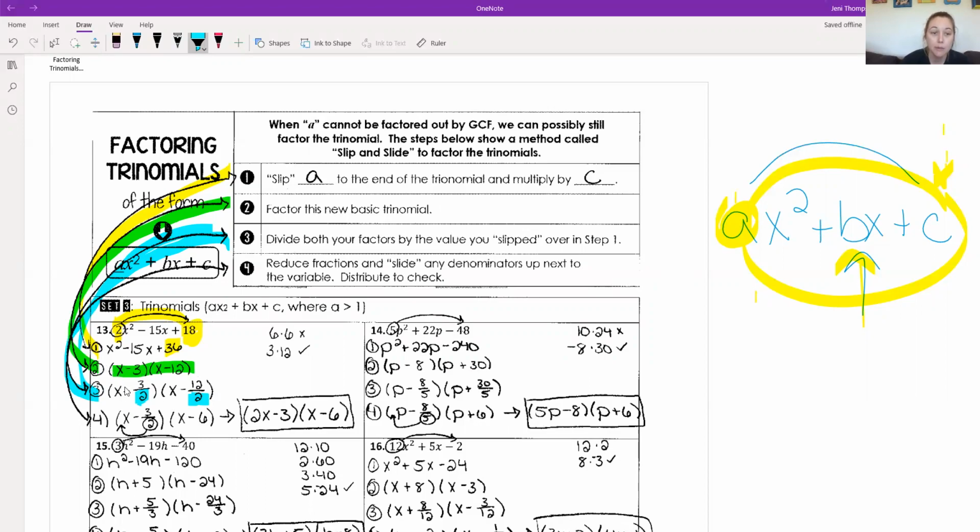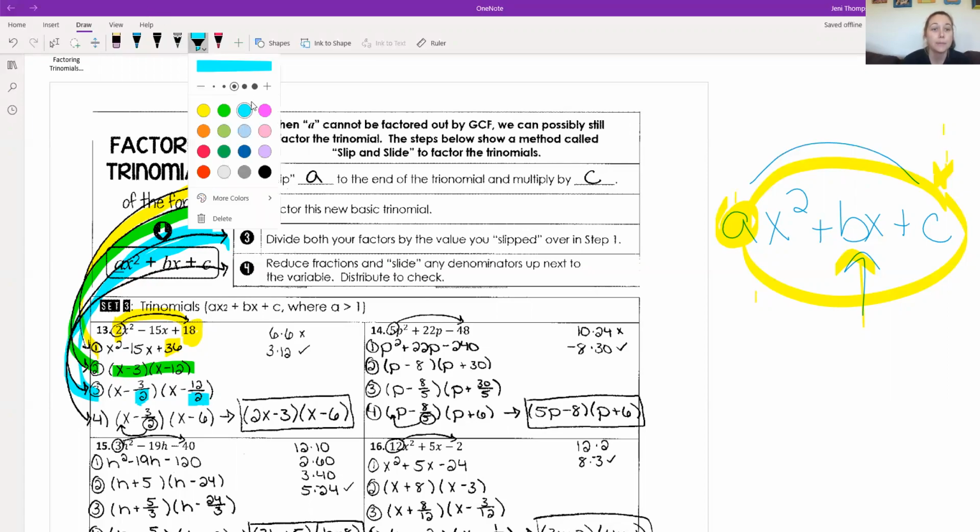So instead of x minus 3, now it's x minus 3 over 2, because that was our original coefficient on A. And then instead of x minus 12, it's x minus 12 over 2, because that was our original coefficient on A. Then we simplify those.